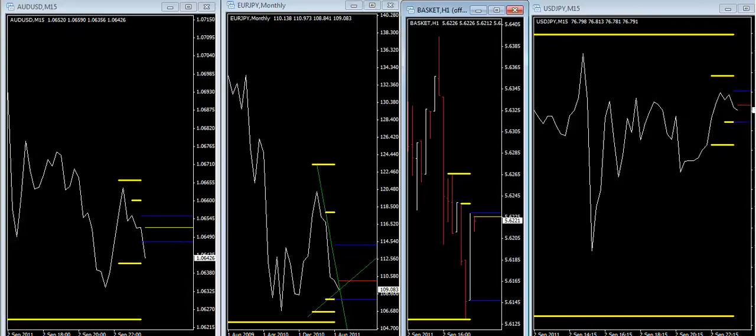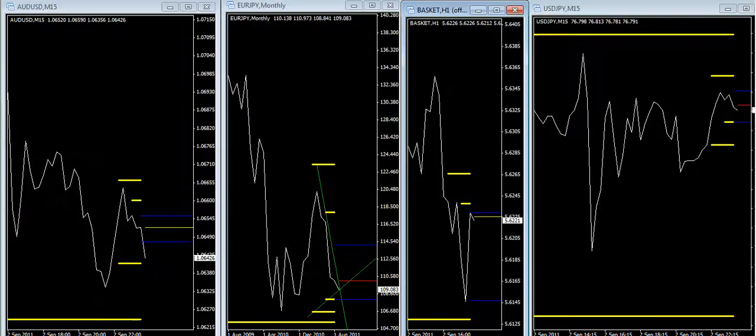This one here is a basket, and the basket was going down, the trend was going down. So generally it's telling us that the whole 14 currencies are basically moving down. We want to trade that long because it was a long trend and this was a short trend.